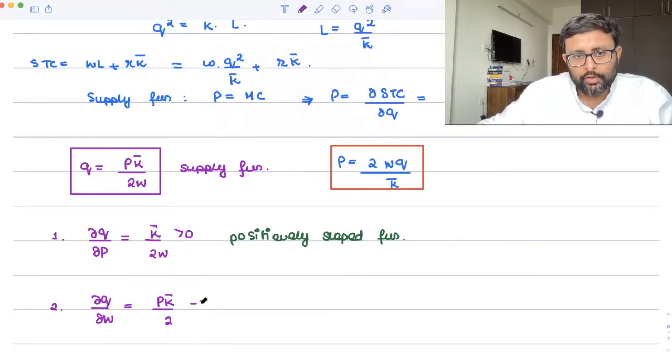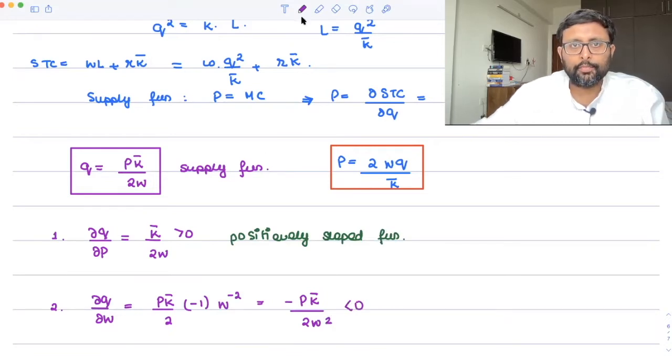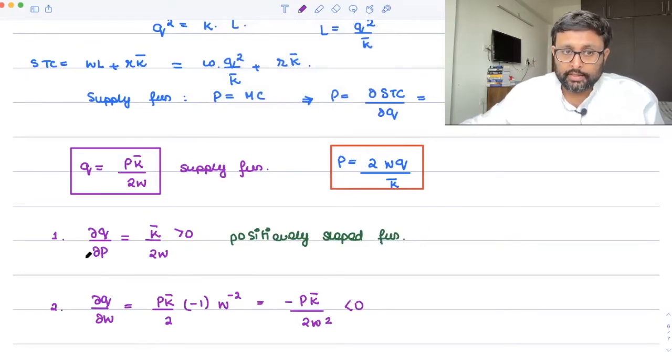So the derivative is -1 times W to the power -2, so it is minus PK bar upon 2W square. This is negative. So this is a shift. The first one is the movement along the curve. You be very, very clear about that.